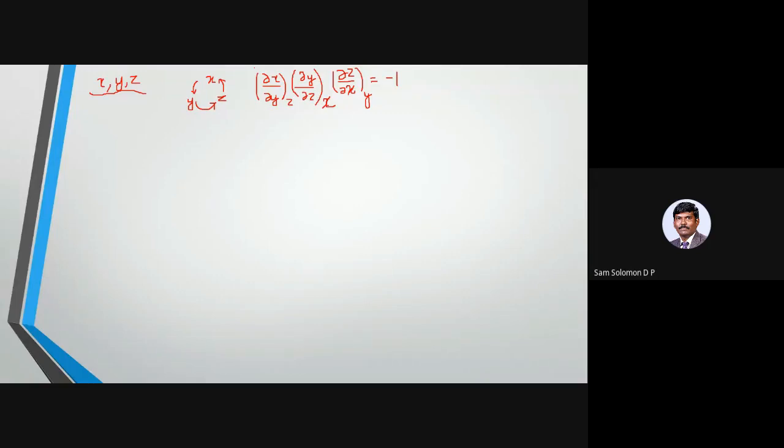Okay. So in place of x, y, z, I can write it in terms of pressure, volume, and temperature, PVT.